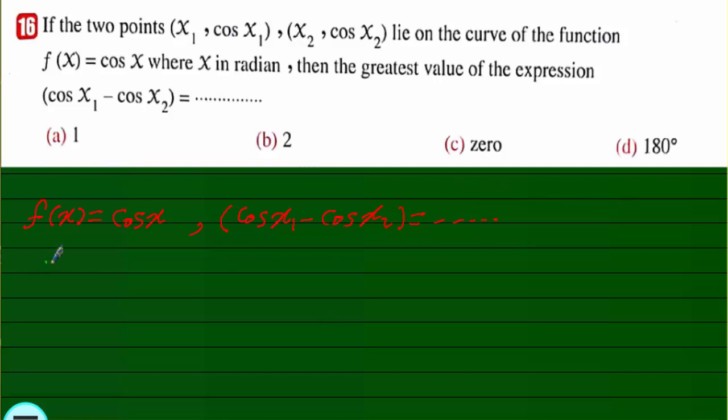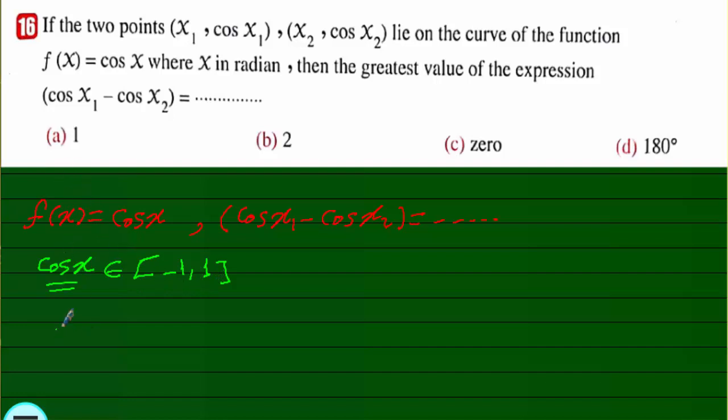We know that cosine of any angle x belongs to the interval from -1 to 1. The smallest value is -1 and the greatest value of cosine x is 1.